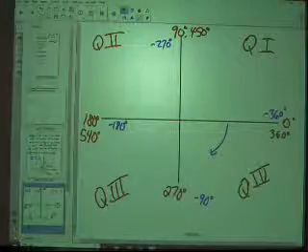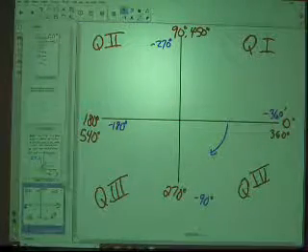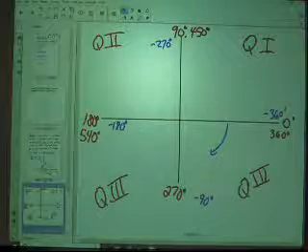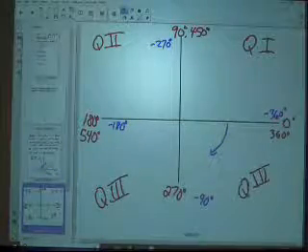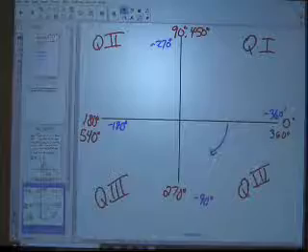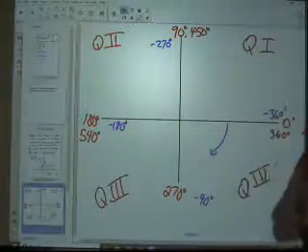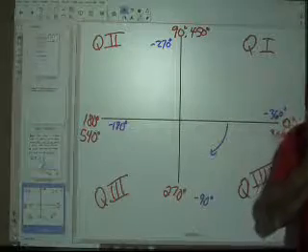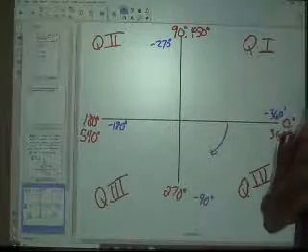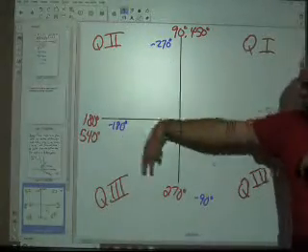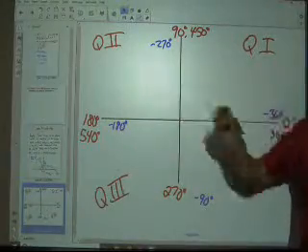So in what quadrant does an angle of 225 degrees land? Put an appropriate number of fingers in the air. What quadrant does an angle of 225 degrees land in? Should be quadrant 3, because it's between the 180 and the 270. Okay?